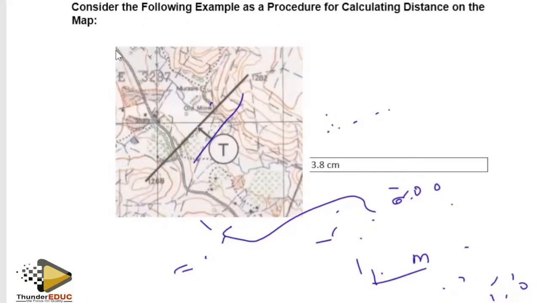Get a piece of paper or a thread, and lay it along the feature you are measuring. In this scenario, it's this road here, from here to here. So you lay it along this road nicely. Don't stretch it, because if you are using a thread or anything that stretches, it's going to give you wrong measurements.